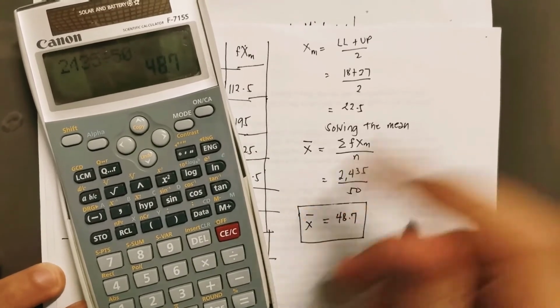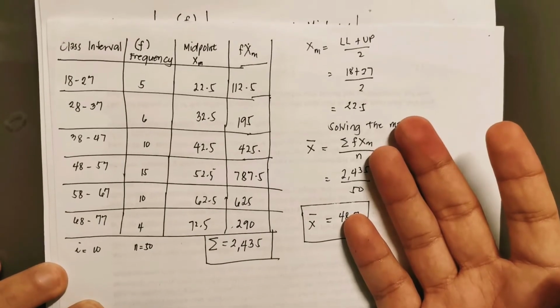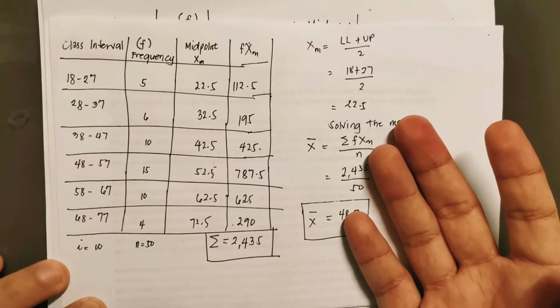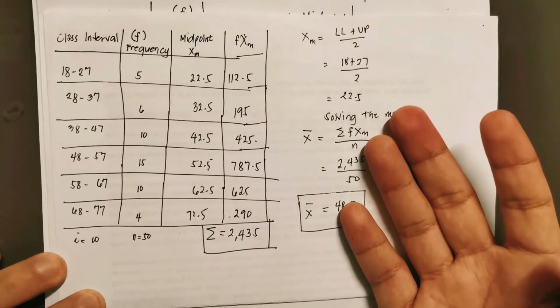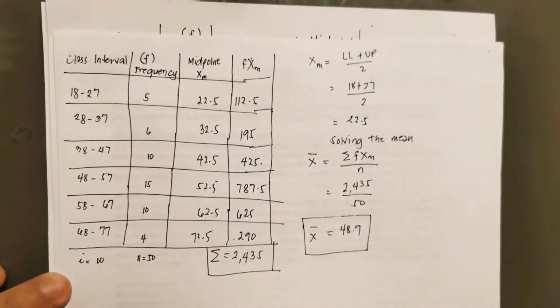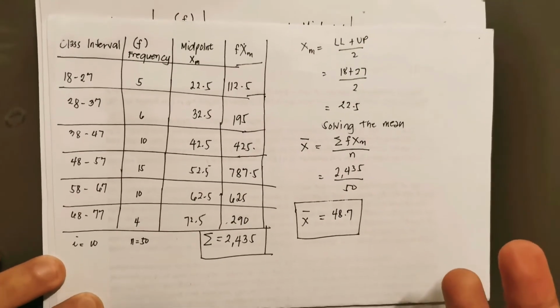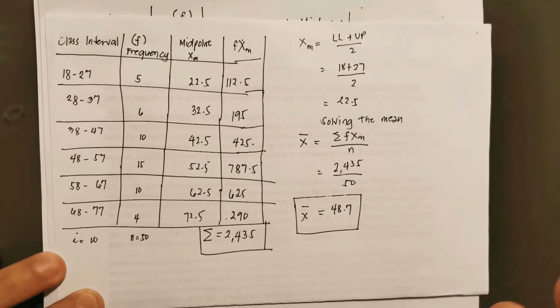For this example, this is a problem related to the randomly selected 50 customers of a travel agency. These frequencies are the ages of the randomly selected 50 travelers of SJS travel agency.